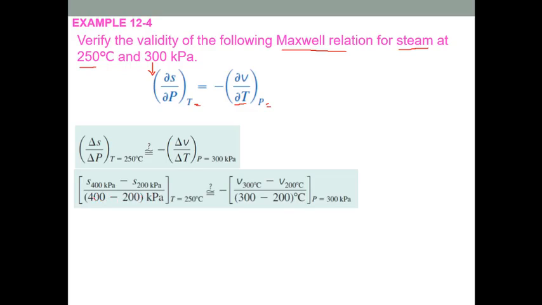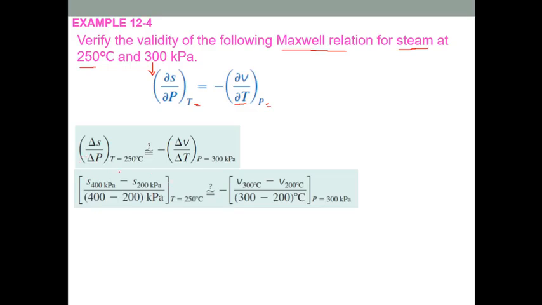So at 400 kilopascal we can read the value of the entropy, and similarly for 200 kilopascal. These properties are for the steam, please note them down. Similarly, for the specific volume, the two nearest temperature points are 300 and 200, so at the respective points we can read the value of the specific volume.